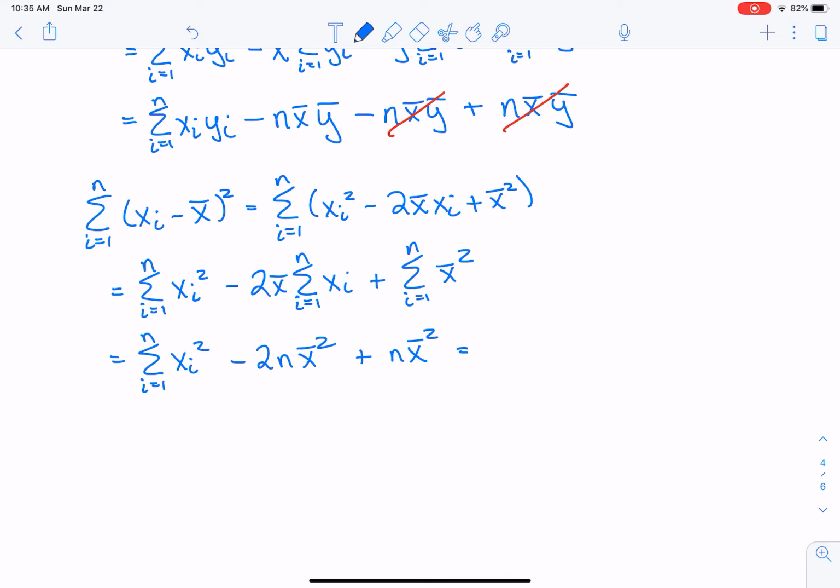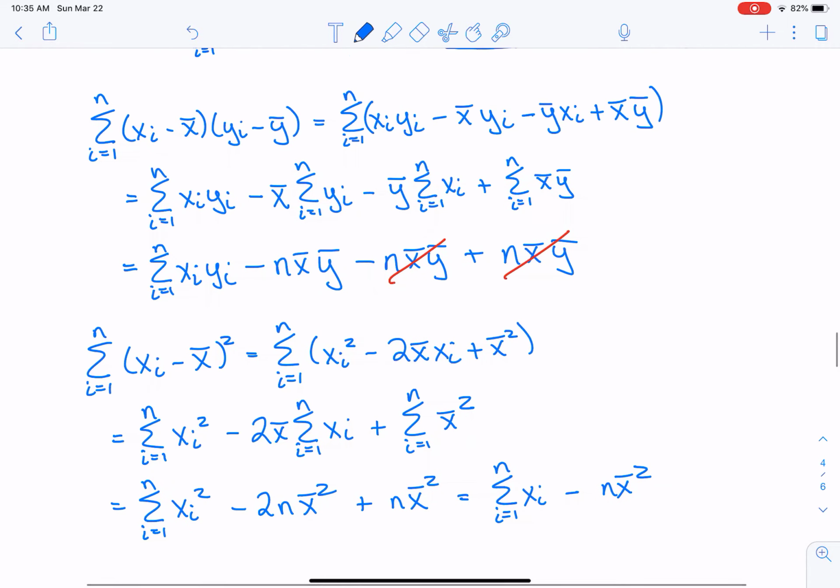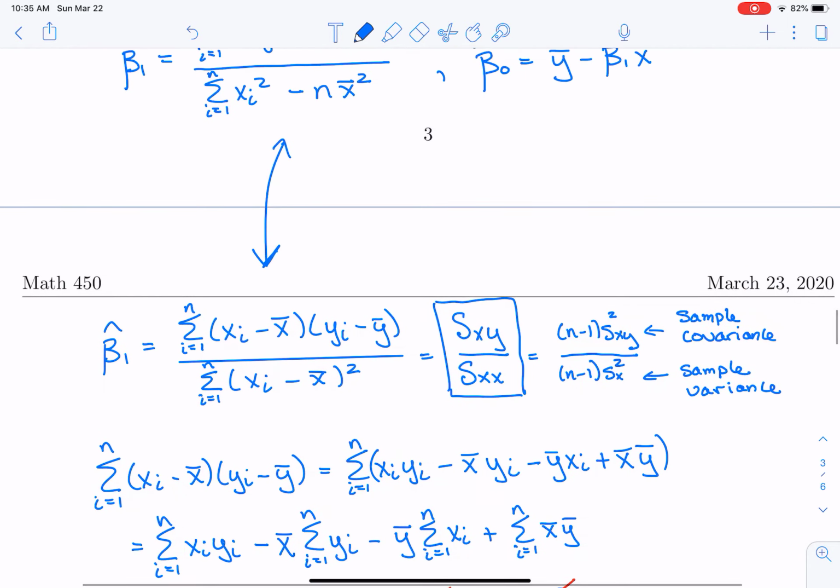And so if we simplify this, we get the sum from i equals 1 to n of x sub i squared, and then minus n x bar squared. And that is exactly what we wanted in the denominator.